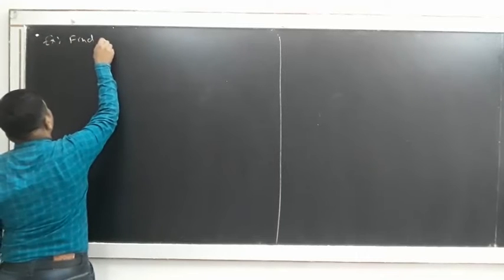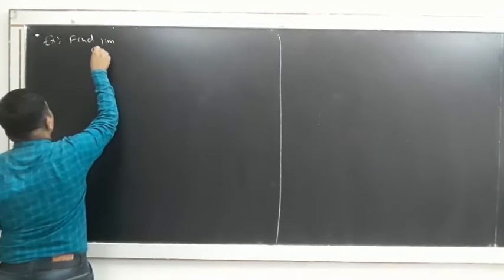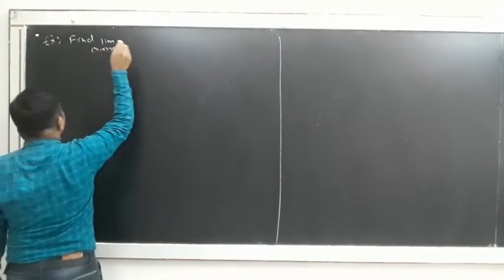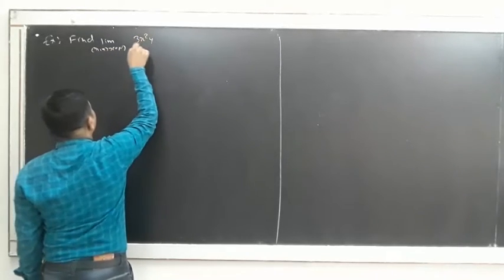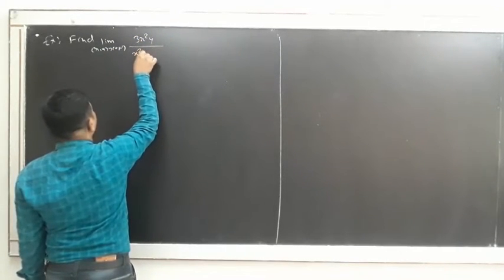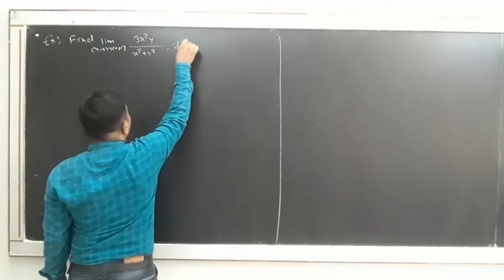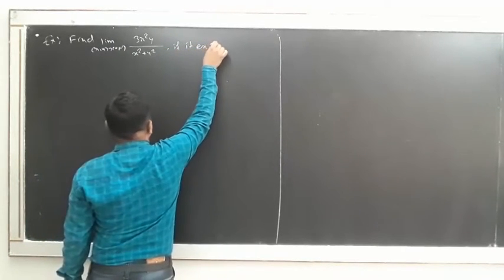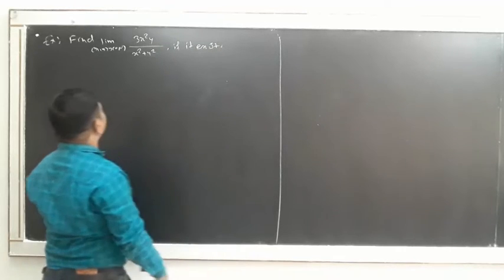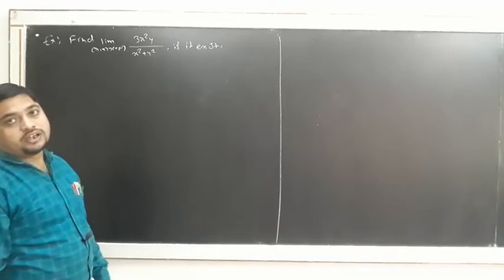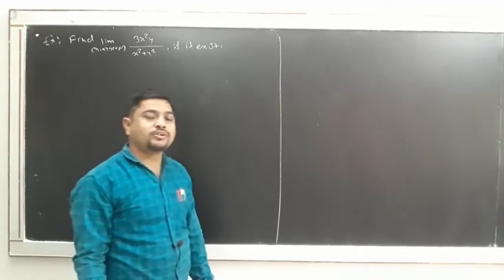Find the limit as (x, y) tends to (0, 0) of 3x square y upon (x square plus y square), if it exists. That is, you have to find the limit if it exists. Now think about this.